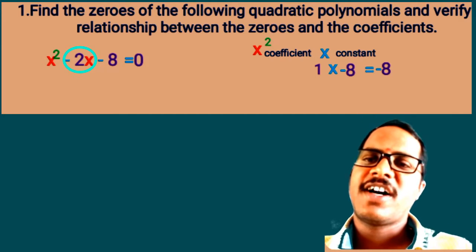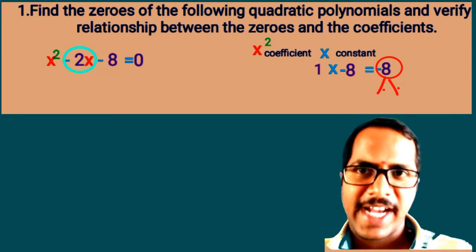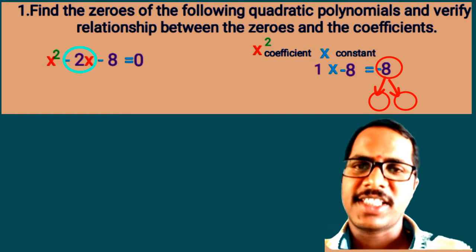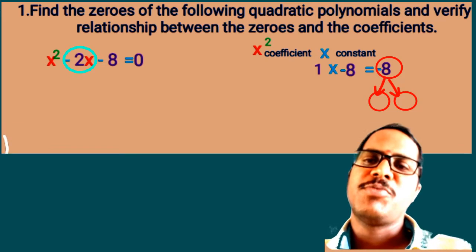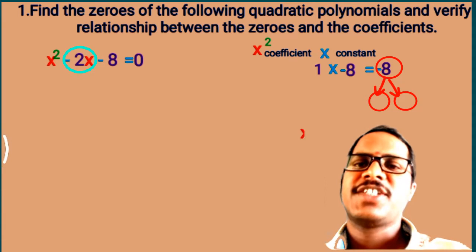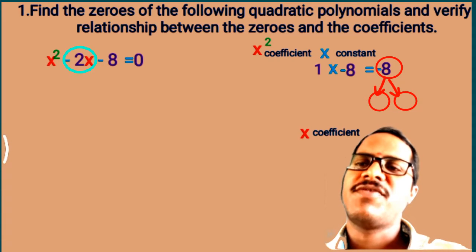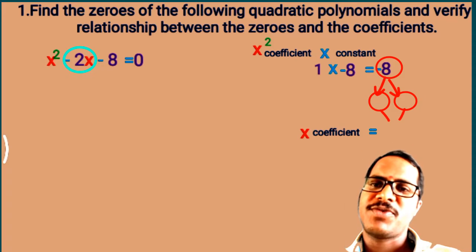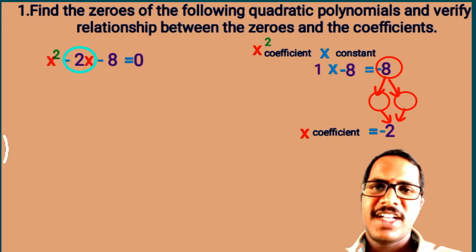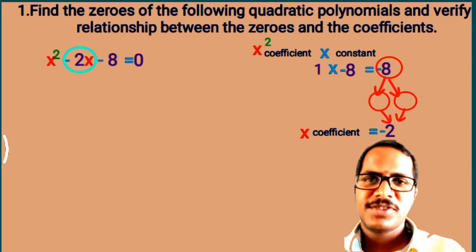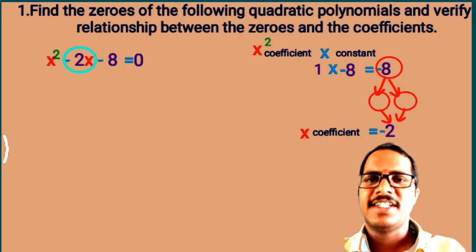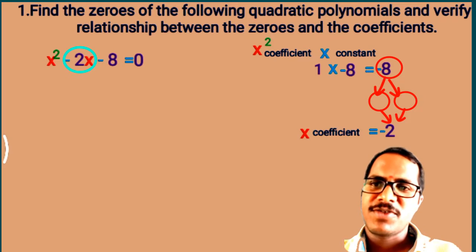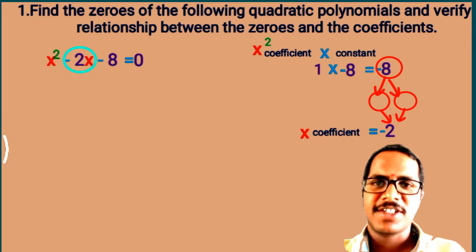Now we need to think of a suitable pair of factors for minus 8 such that the sum of the factors should be equal to the x coefficient. So here the x coefficient is what? Minus 2. So we need a suitable pair of factors for minus 8 whose sum is equal to the x coefficient, that is minus 2.